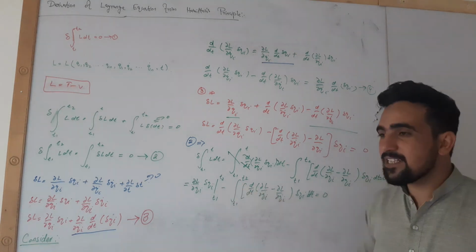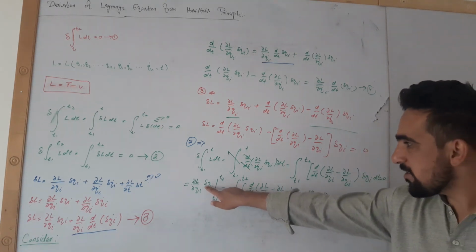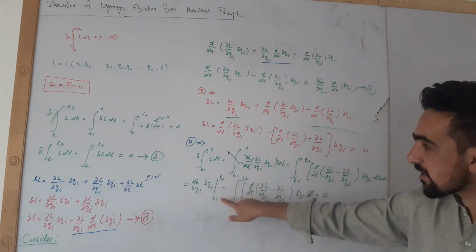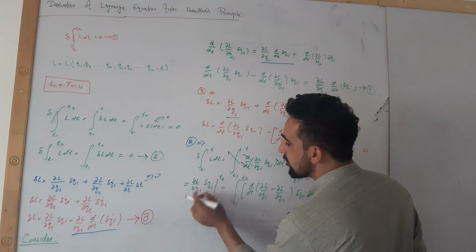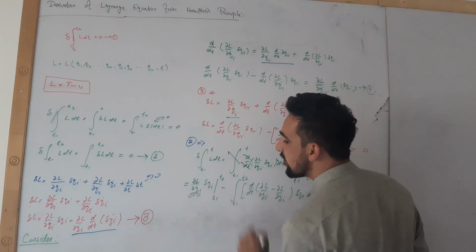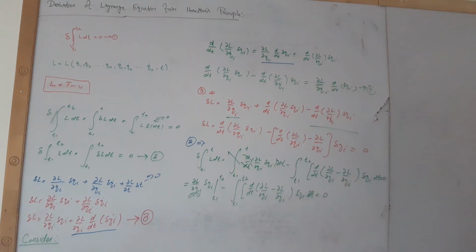Now if we apply the limits, there is no change in qi with respect to time. So when there is no change in qi, this term will become equal to 0.